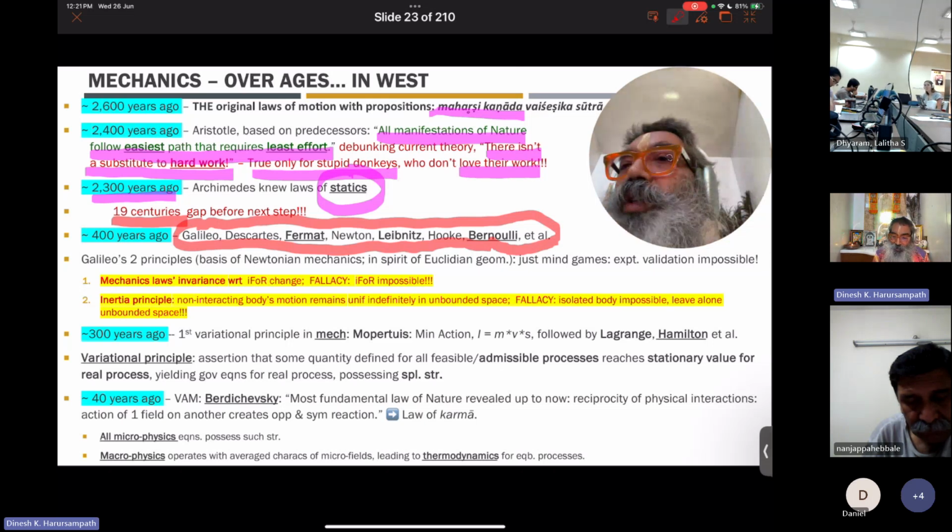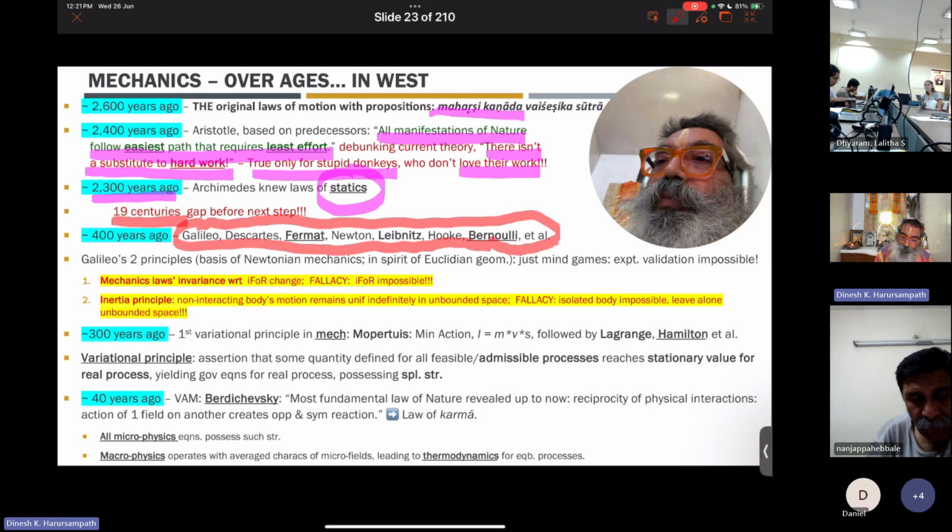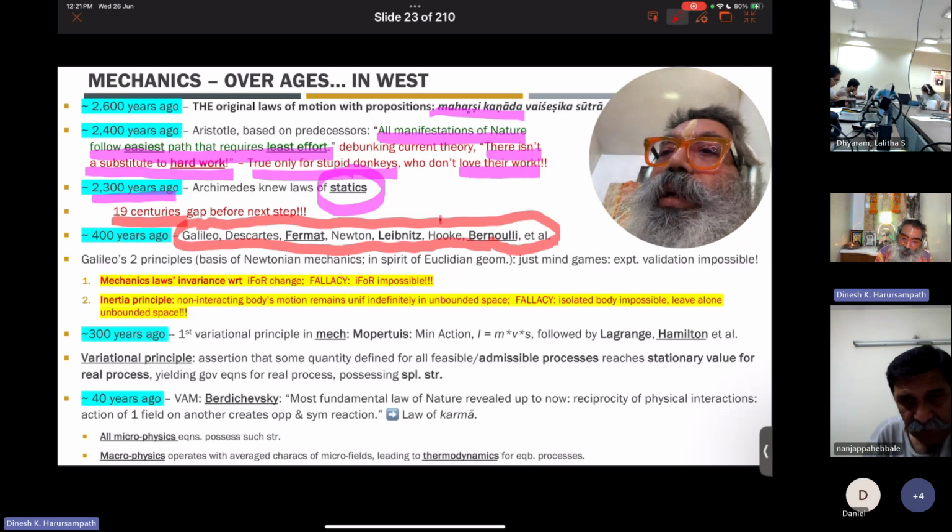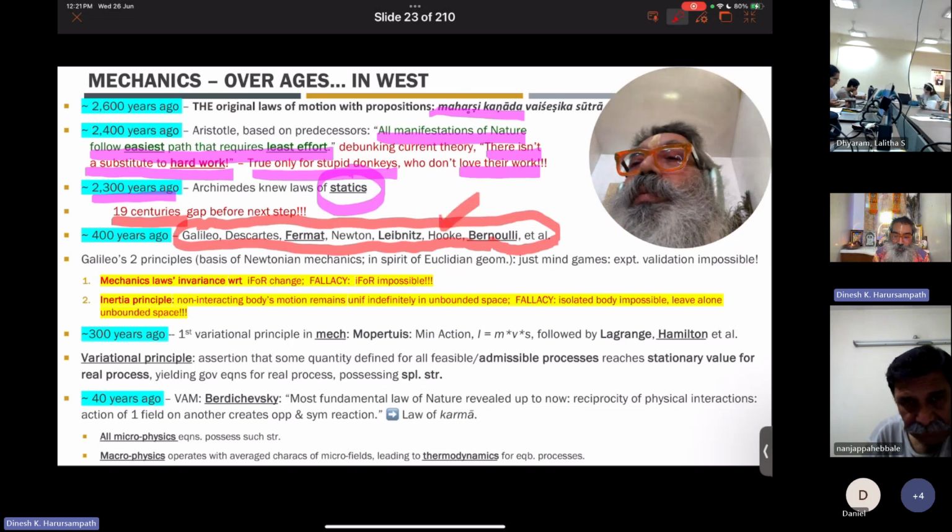Another thing that you will be looking at is Hooke's law.